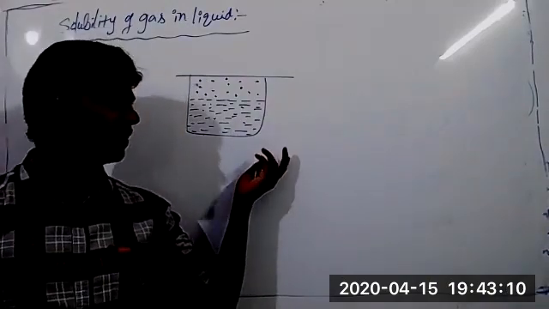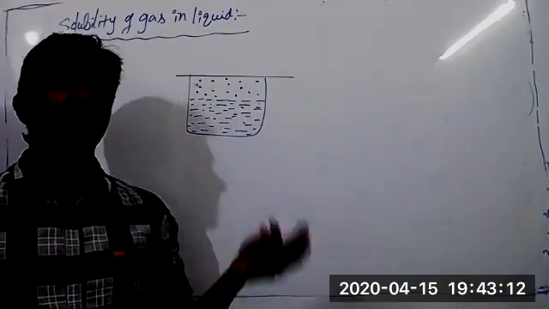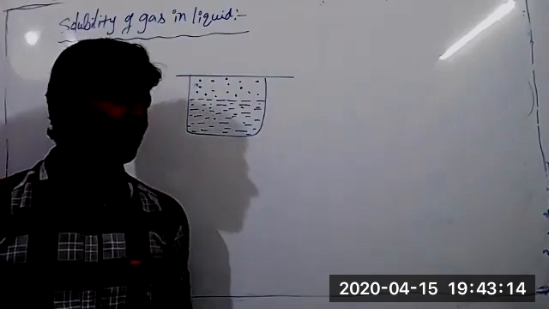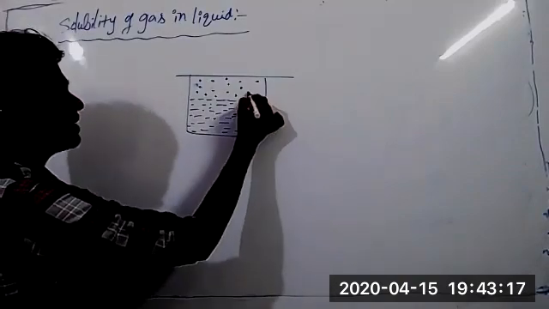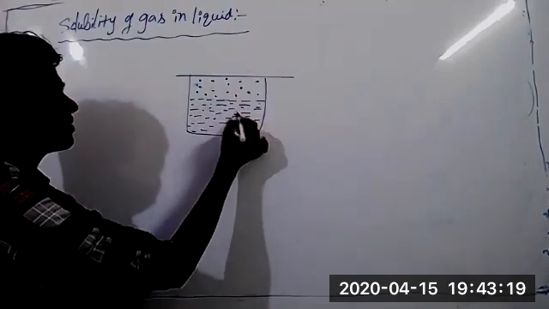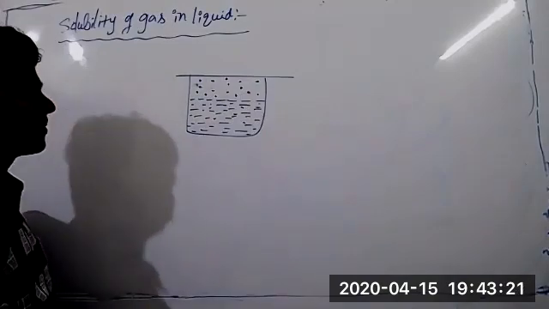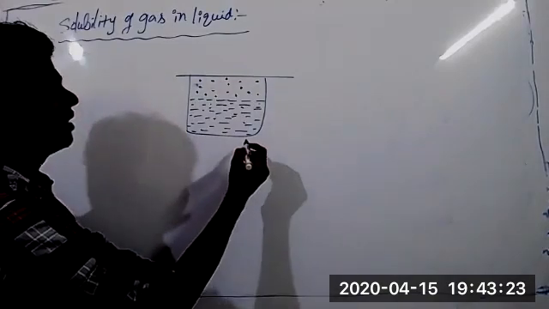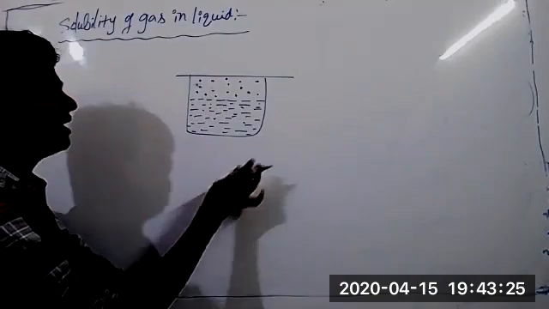See, solubility of gas in liquid is mostly affected by pressure and temperature. With increase of pressure, the solubility of a gaseous molecule in liquid increases. Here also one equilibrium exists.